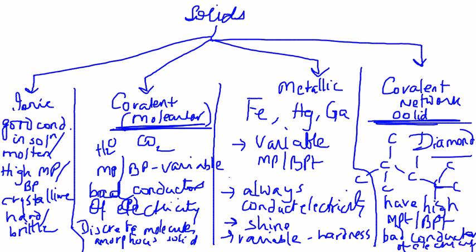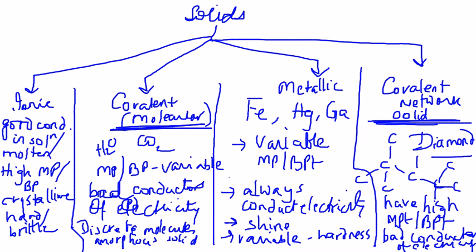So if somebody asks you, how would you classify a solid which is hard and is a good conductor of electricity in solution? That is an ionic compound. On the other hand, if we say that it has a high boiling point, but is a bad conductor of electricity at all times, that would be a covalent network solid. So realize the melting point of both ionic and covalent network is high.